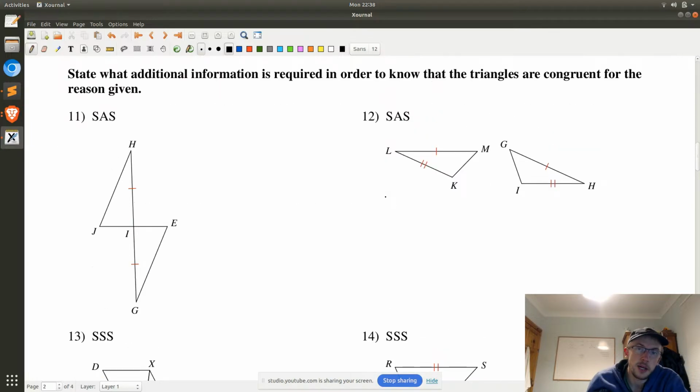State what additional information is required in order to know that the triangles are congruent for the reason given. Okay, so it says side-angle-side. We would need the length of segment JI and segment IE.